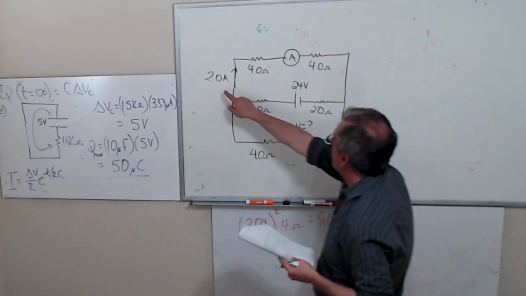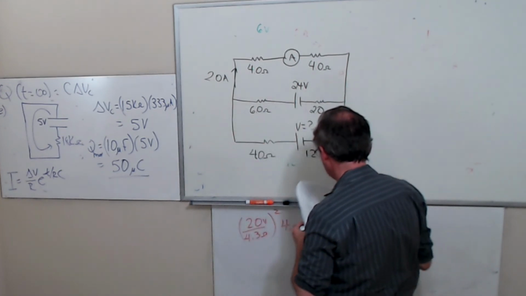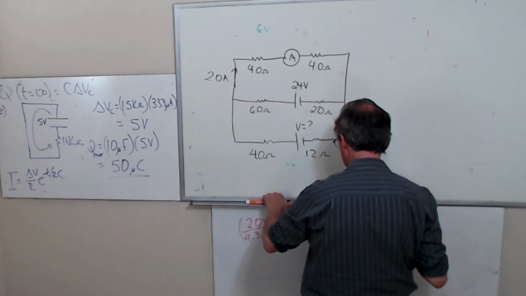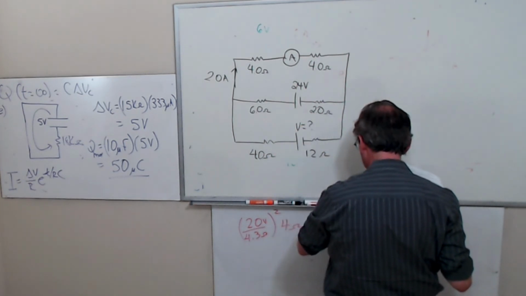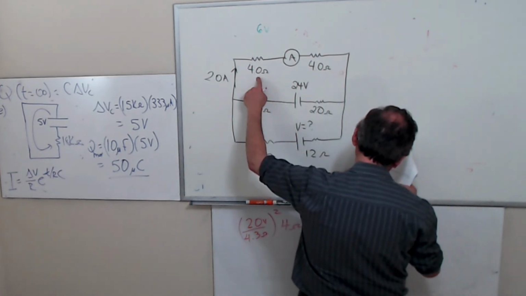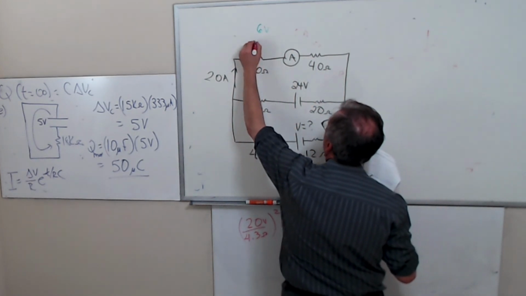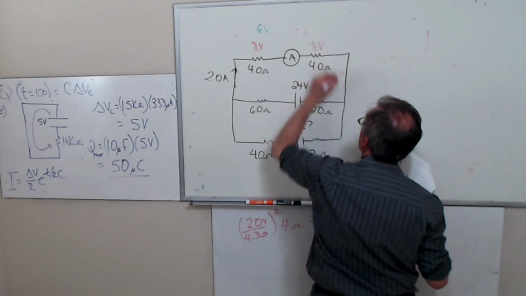So this reads 2 amps, correct? Yeah. Okay. So I want to know this voltage, correct? But before I start just plugging equations in, let me write down: if there's 2 amps going through here, and 2 amps going through here, this is 8 volts, 8 volts.